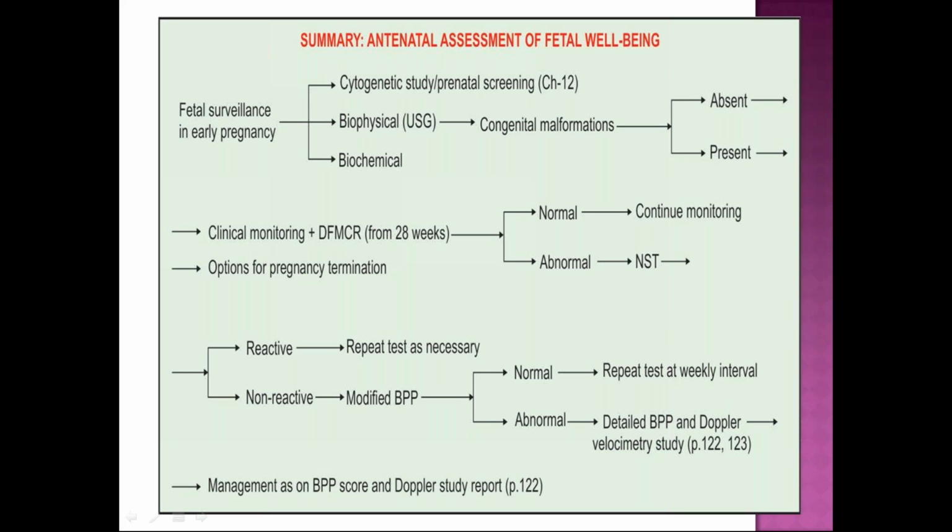During late pregnancy, we do clinical and biophysical assessment: if normal, continue pregnancy; if abnormal, we do NST and biophysical tests and decide accordingly. If the NST is reactive and normal, we repeat at weekly intervals. If abnormal, we do the biophysical profile, Manning score and so on. If that is also abnormal, then you have to terminate.